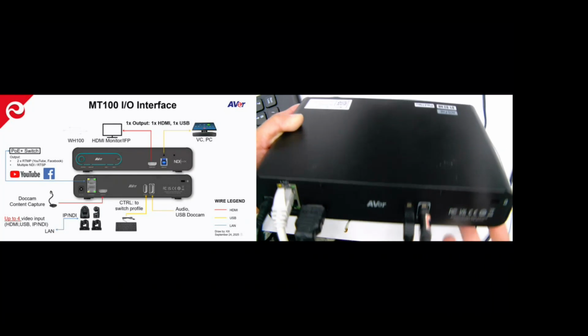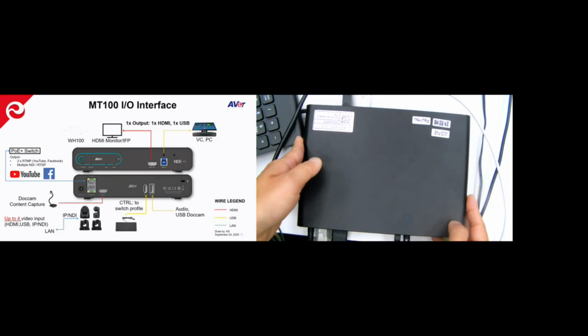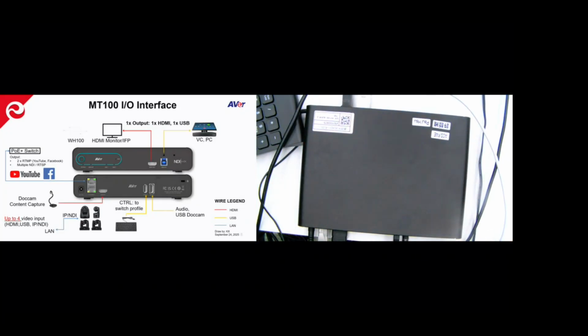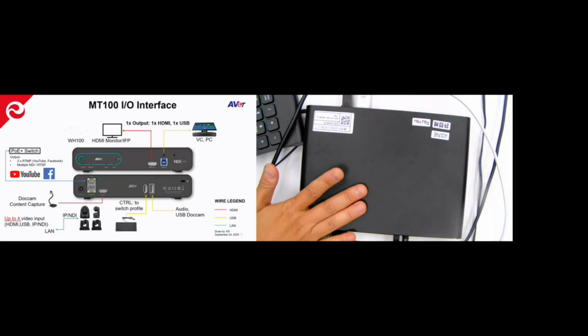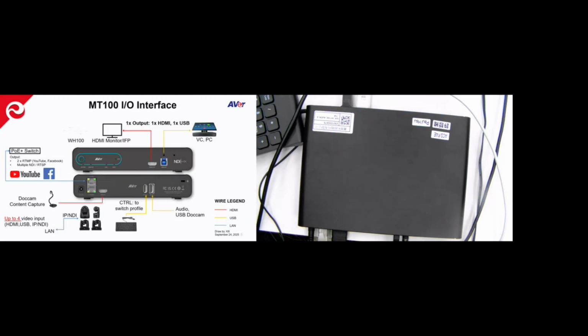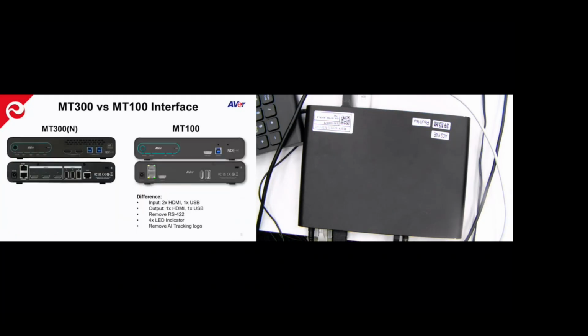So teacher, if you need headsets or a conference, you can plug your headset with a USB into USB 2. Okay, that's our I/O ports, and it's very simple and easy to use.